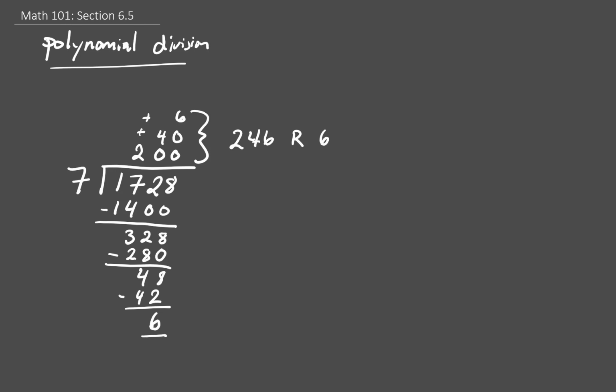Okay, so I'm going to write a number sentence down with what this means. It says that 1,728 is equal to 246 times 7 plus 6. There are 246 groups of 7 pieces of candy and 6 pieces of candy left over.